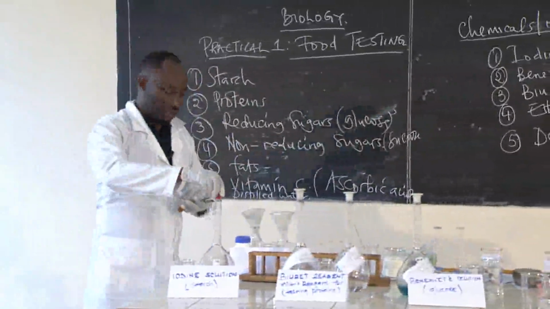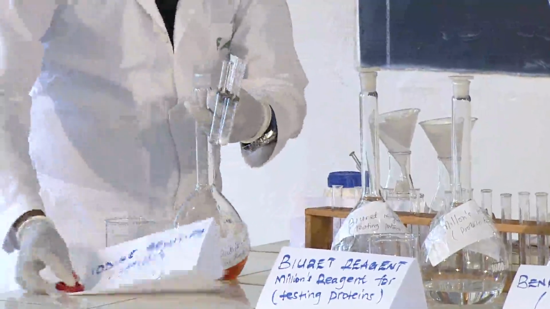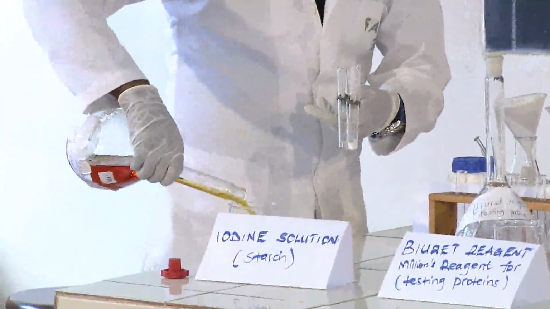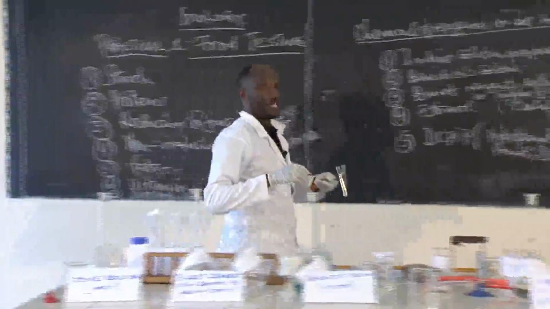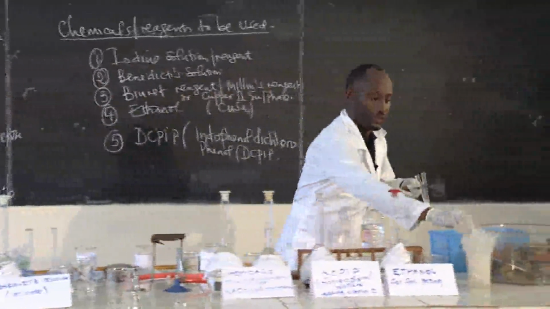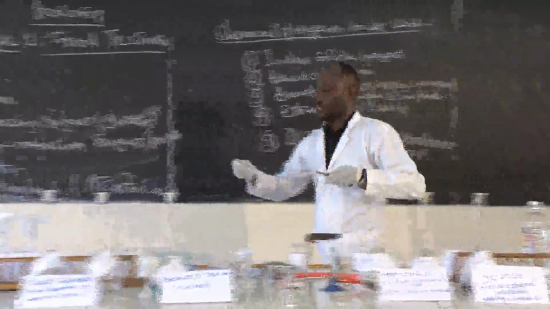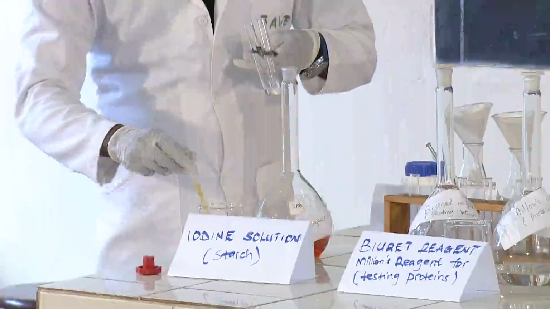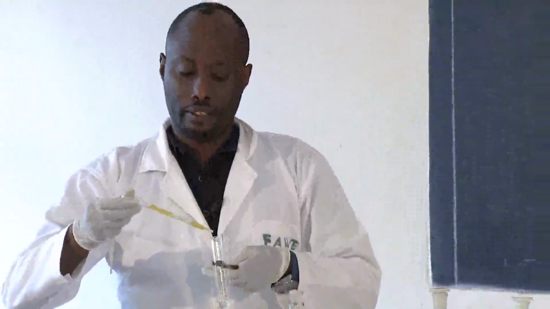I normally use iodine solution. You pour the iodine solution into a beaker. After that, you get the droppers, and then you try to see if there is color changing. You add the same amount as the amount of starch you have added.